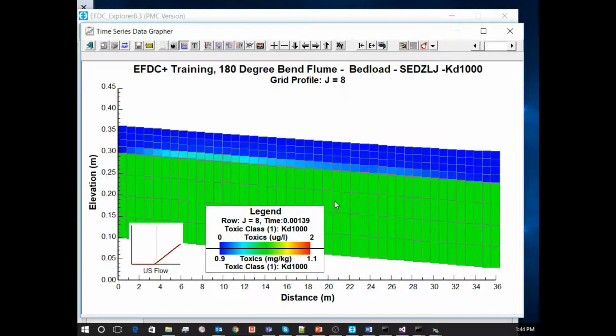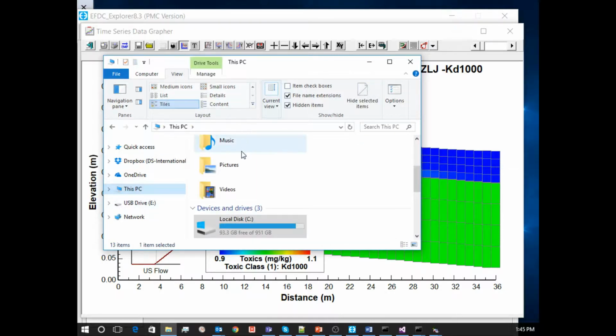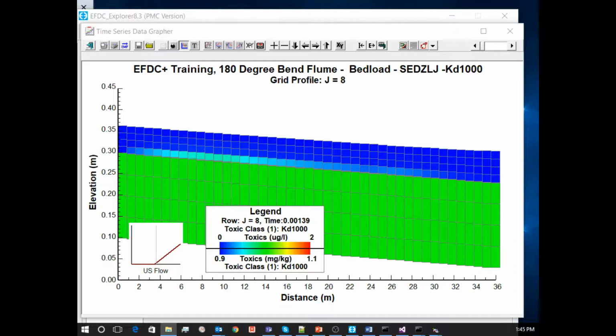So let's run it in double precision and we'll just show you the difference. And again, I don't think it's necessary the majority of the time.